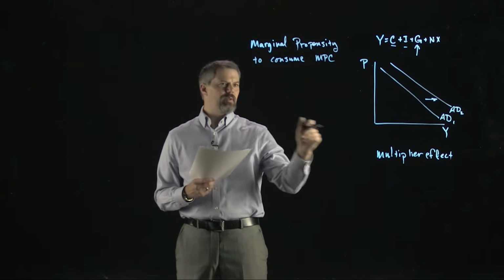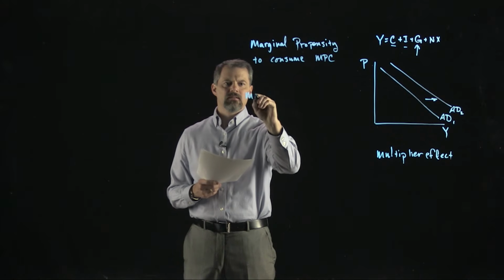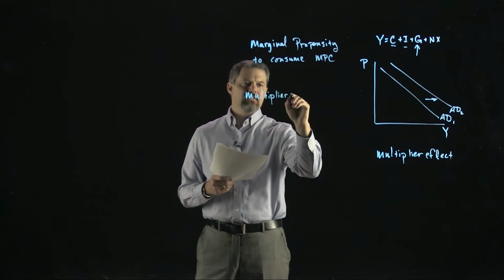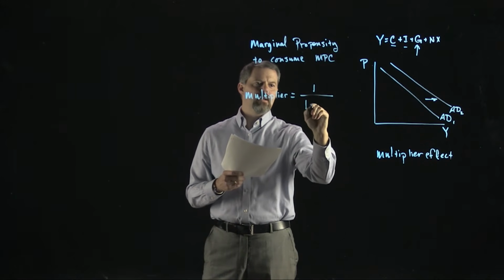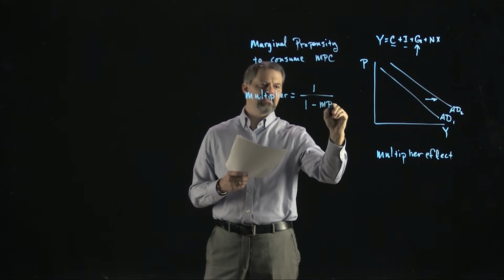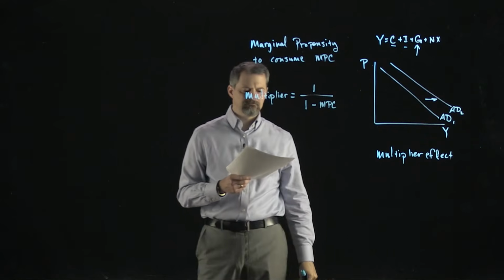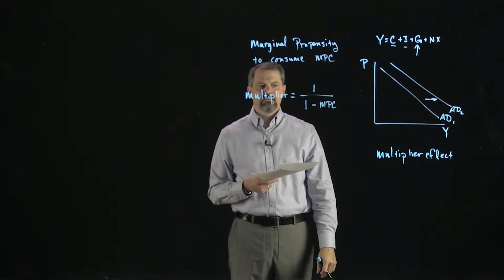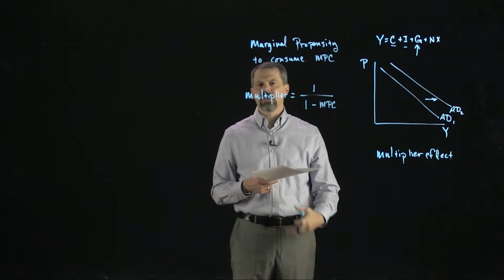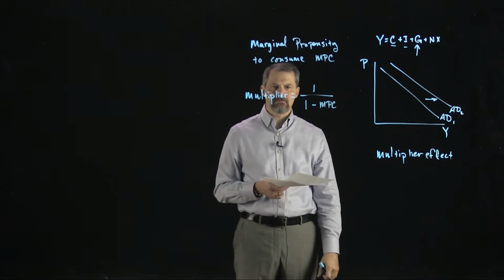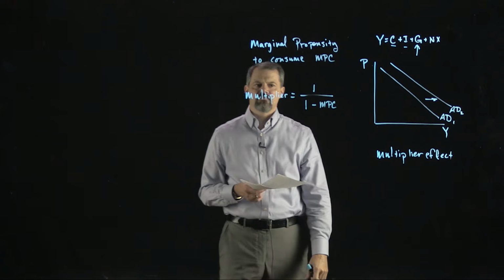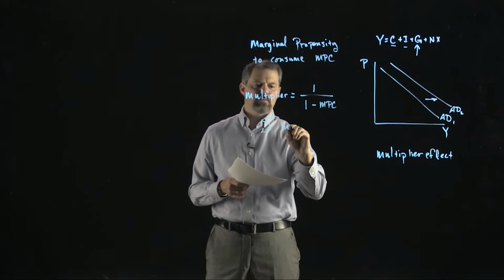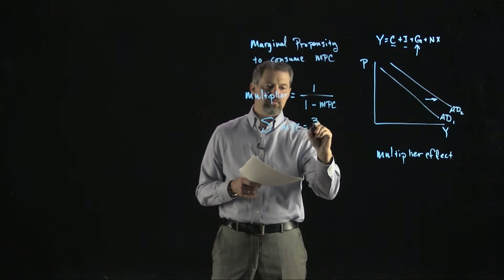Okay, so here's what the multiplier looks like. Multiplier is equal to 1 over 1 minus the marginal propensity to consume. That's the multiplier, the government spending multiplier. So let's do an example. Let's suppose the marginal propensity to consume is equal to 3/4.